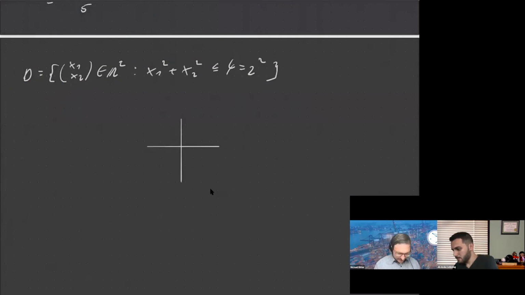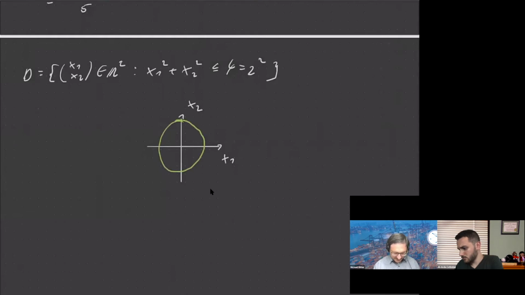If I were to make a sketch of that set, this condition basically means all points that have a distance squared of at most 4 to the origin, so a distance of 2 or less. And that is simply the circle around the origin of radius 2.